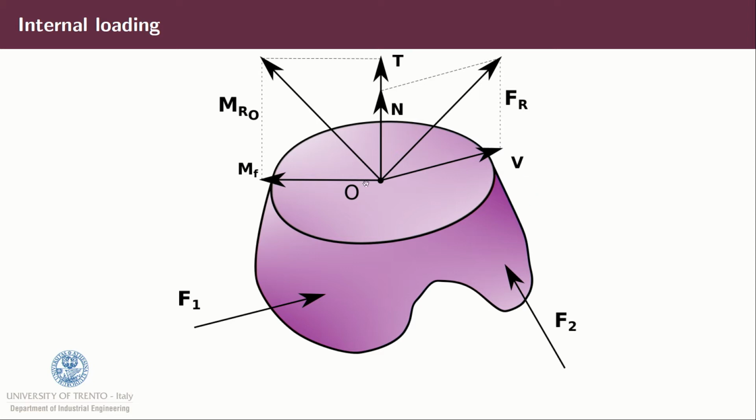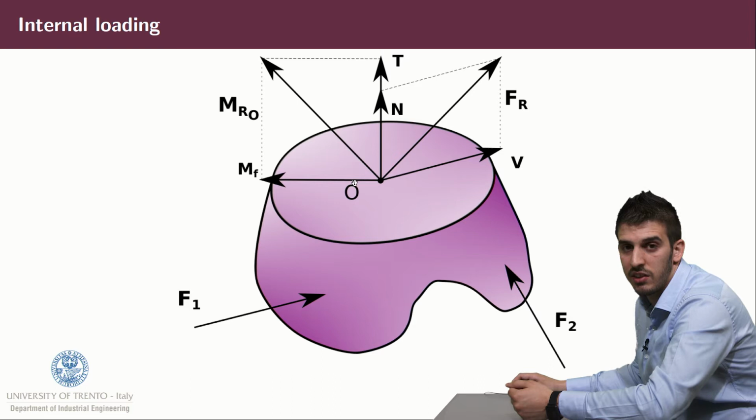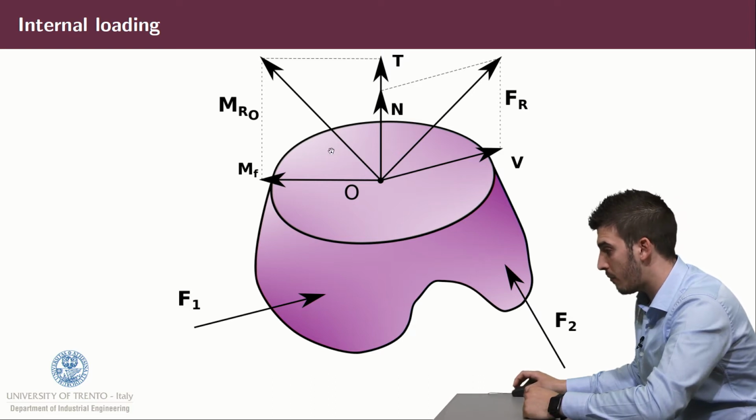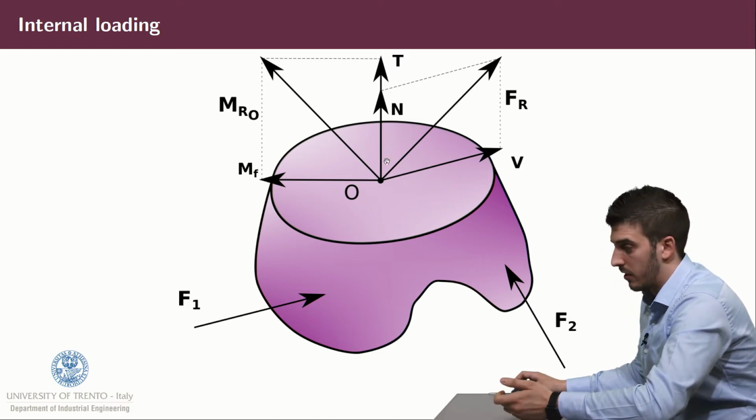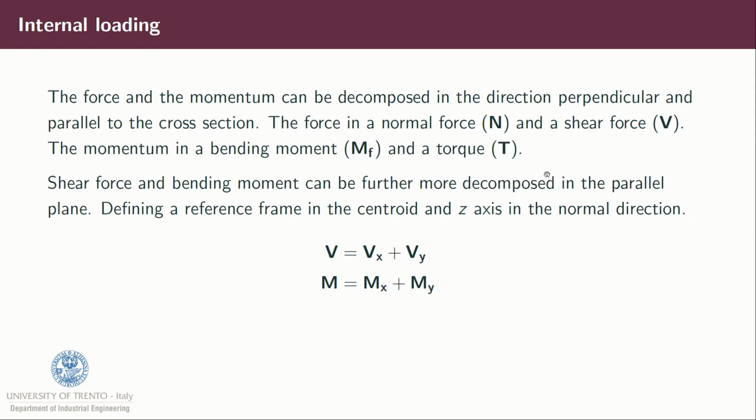The same can be done for MR0, which is decomposed into M and T. M is a moment tangent to the cross-section, and T, the torque, is a moment acting orthogonal to the cross-section. We can furthermore divide the force V and the moment M into the components along the x and y axes. So V will be equal to Vx plus Vy, and M will be equal to Mx plus My.